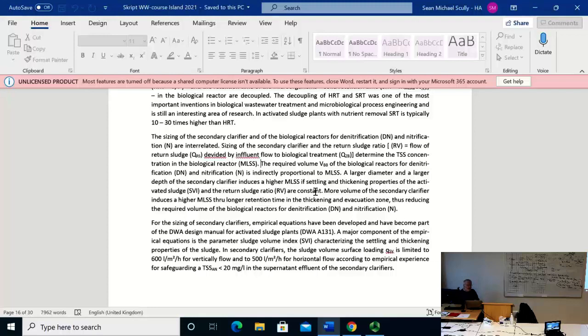So then I can reduce my retention time, my 2 hours of thickening, and well, if I reduce this to 1 hour, what happens? From 2 hours to 1 hour, that means this goes down from 12 to 10. It's very easy: 100 is 10, and the cube root of 1 is 1.